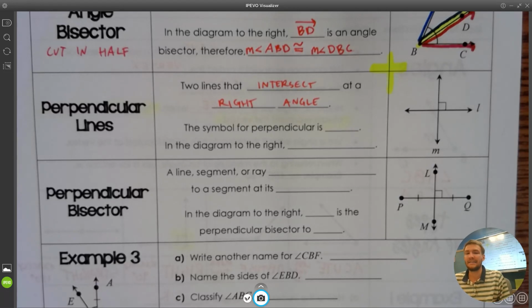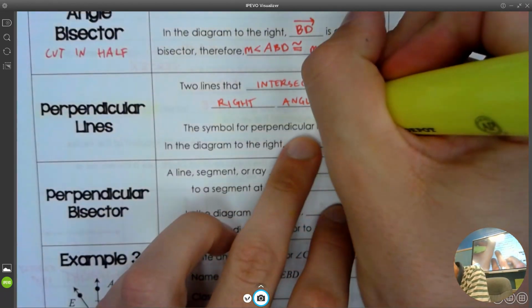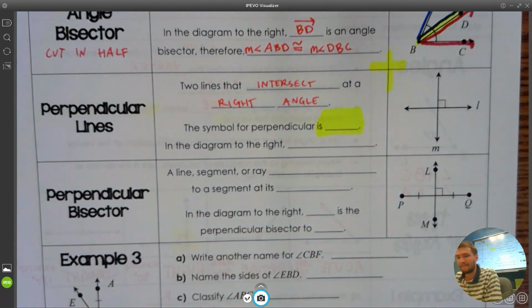Here's a very important thing that's coming at you, something that you haven't seen before probably. Perpendicular lines have a symbol, and this symbol is not super clear.